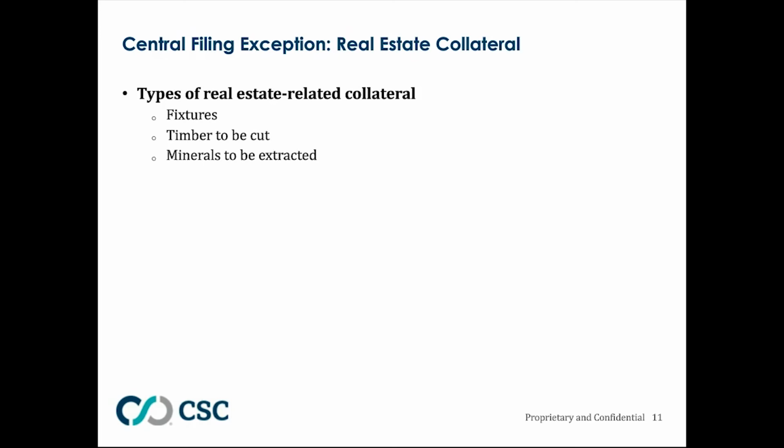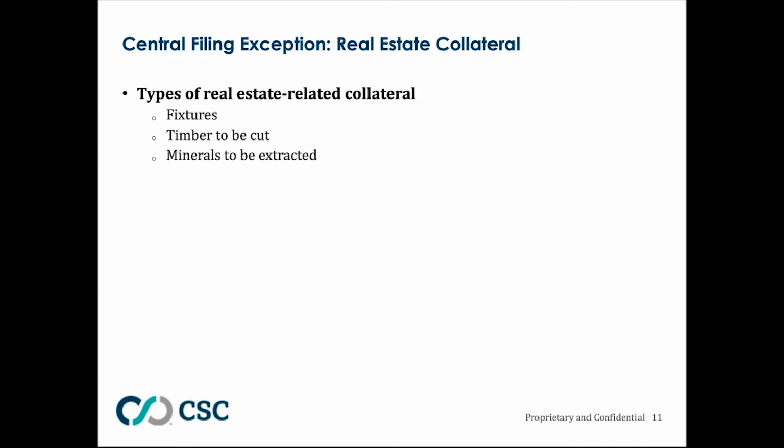Because these types of collateral are so closely related to real estate, there is that overlap with real estate law. And therefore, in order to get priority over conflicting encumbrances on the same real property, they're treated differently and handled differently. The governing law is different for these.